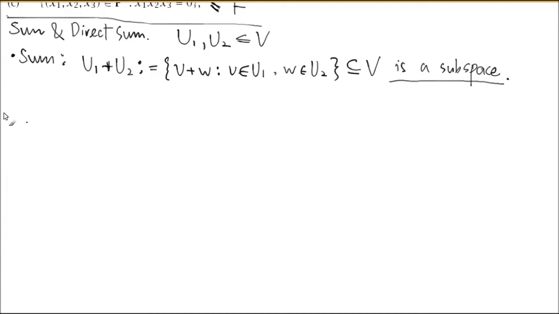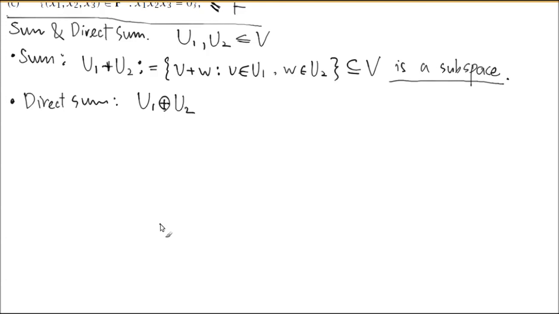All right, the second idea is this direct sum. This direct sum is denoted like this. U1 ⊕ U2. If you use LaTeX, this is called oplus, that's the command to get this one. All right, but it's denoted like this.